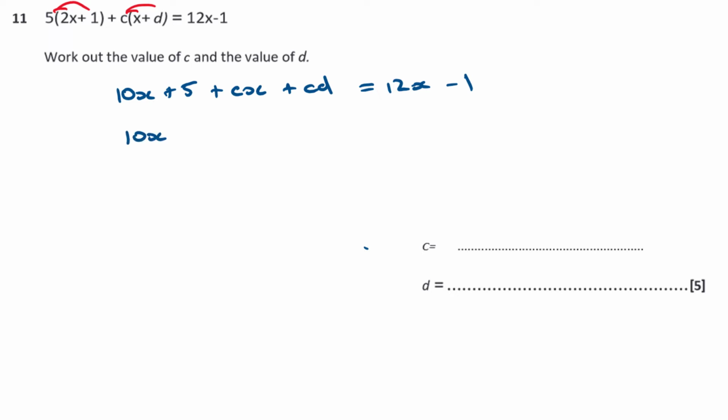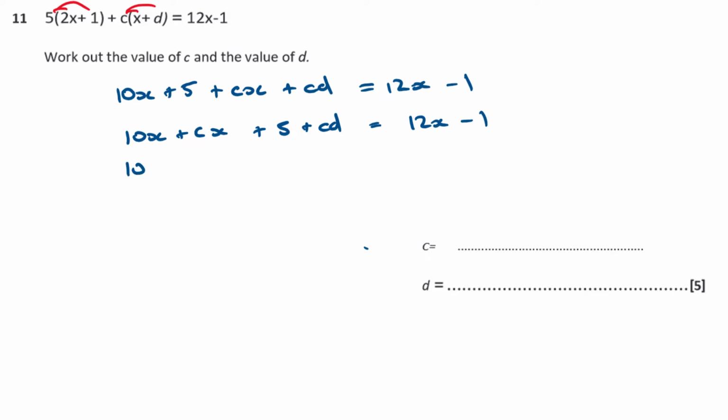So I've got 10x and cx over here, and then the number terms, I've got 5 and I've got cd. Okay, so terms to do with x and terms not to do with x, and we're told that's 12x minus 1.